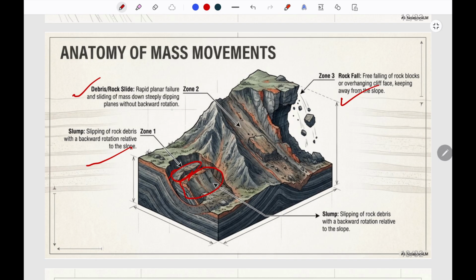Debris slide or rock slide is sliding down of debris downwards. And rock fall is falling off a hanging cliff or rock particle directly, like this.